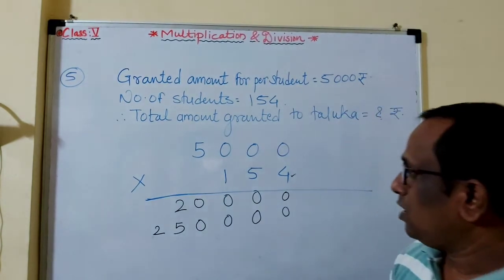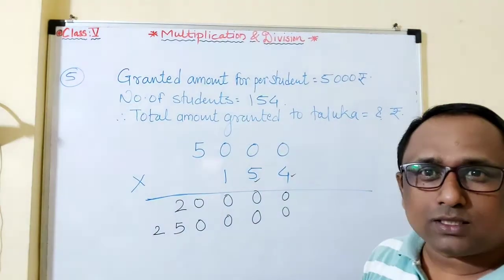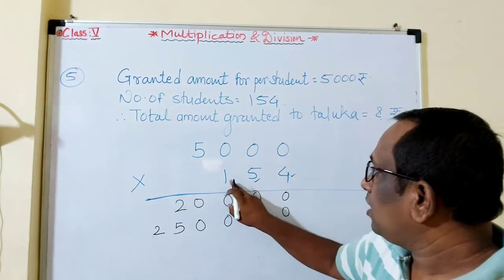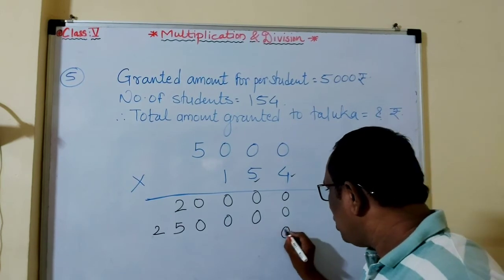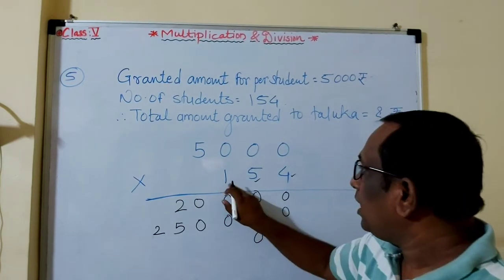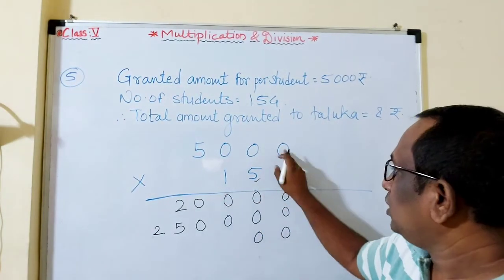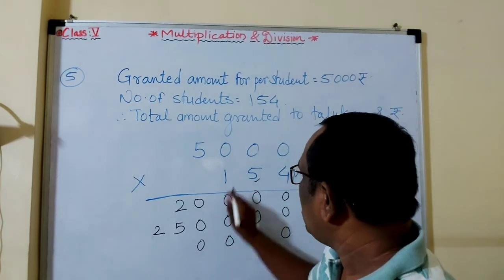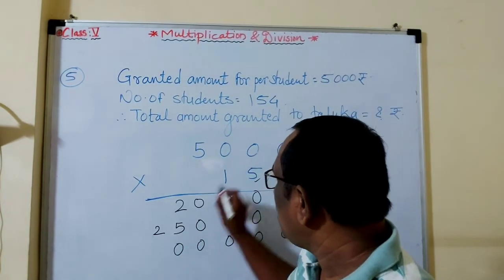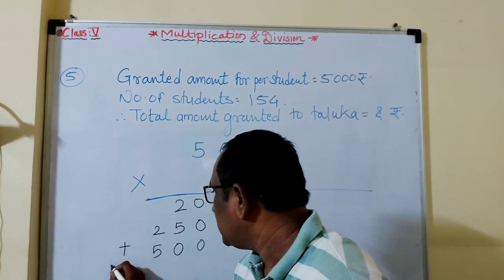Now this is over, we multiplied by the ten's place. Now we are multiplying by the hundred's place. I told you to give 2 zeros because we are multiplying by hundred's place, and here at the hundred's place there is 1. So 1 zeros are 0, 1 zeros are 0, 1 zeros are 0 and 5 ones are 5. Don't forget to give the add sign.